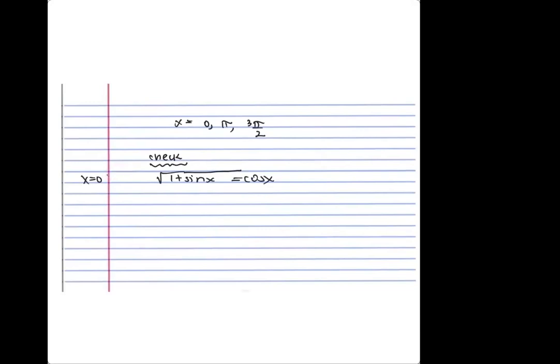So we're going to go ahead and plug in x equal to 0. And we get the square root of 1 plus the sine of 0 equaling the cosine of 0. We want to see if that's true, so let's put a little question mark.